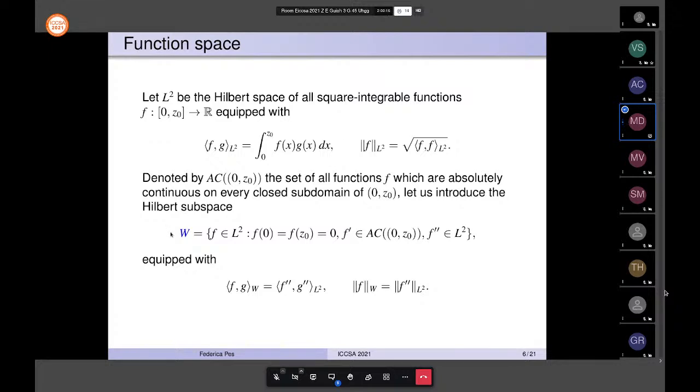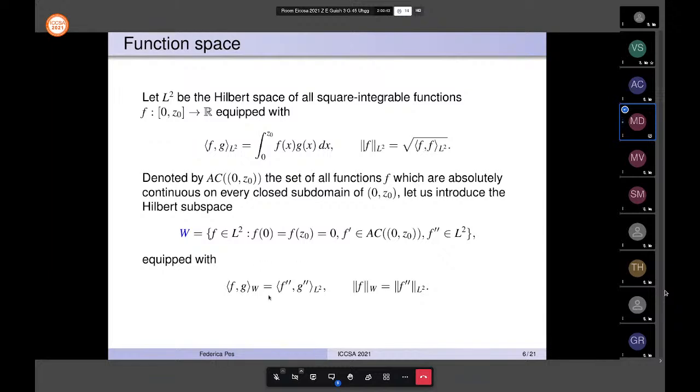And we consider the subspace W, composed of square integrable functions with homogeneous boundary conditions, whose first derivative is an absolutely continuous function, and whose second derivative is a square integrable function.